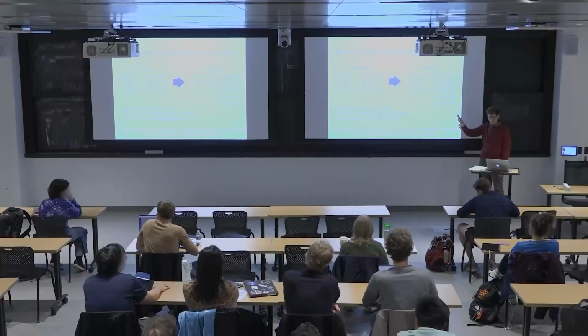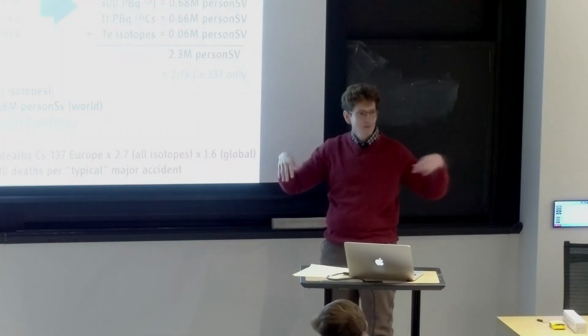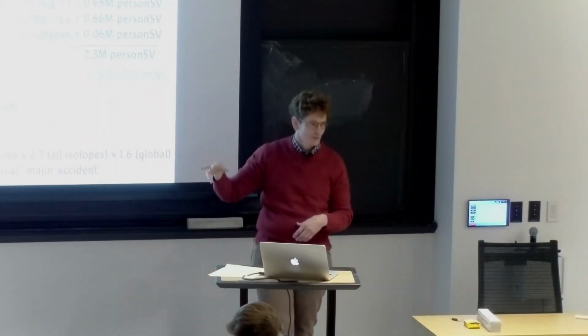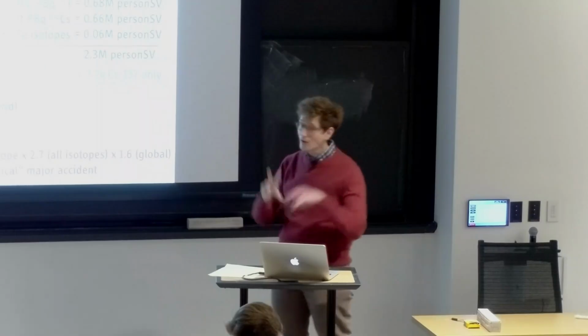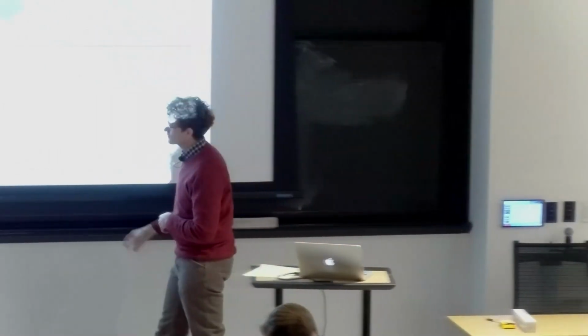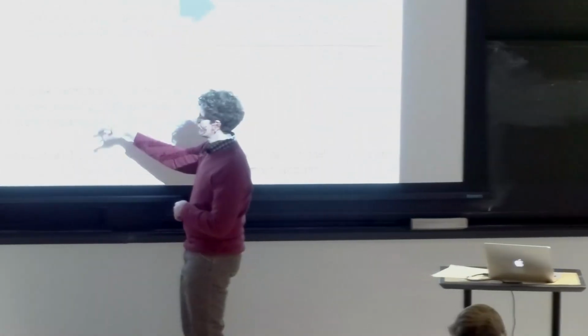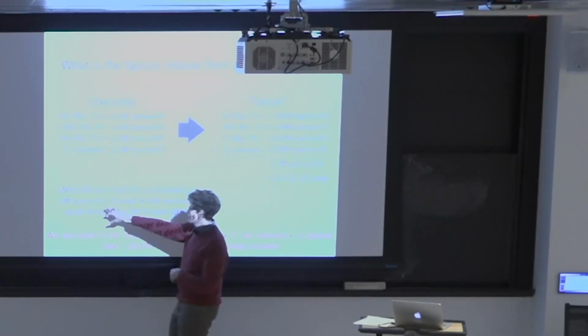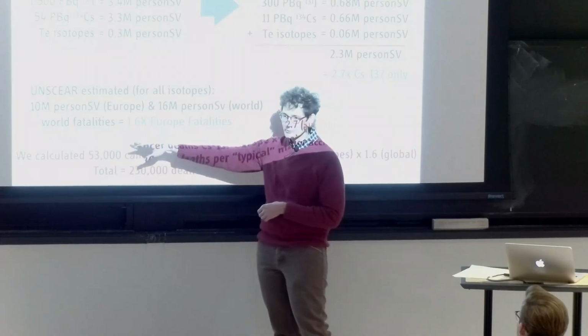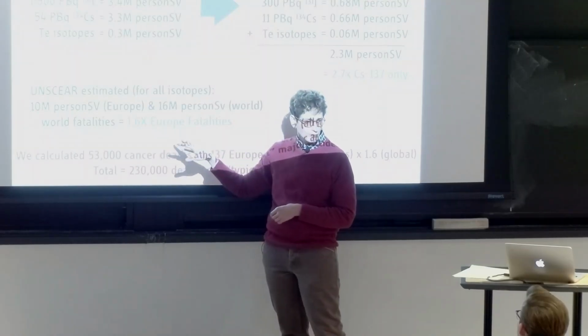Yes? Everyone understand what's going on here? So we're basically going from one isotope, and then I've done the same stuff for the other isotopes for you, and we can just go to the all-isotope dose. And then UNSCEAR estimates that for Chernobyl, they estimated 10 million person sieverts dose to all Europeans, 16 million person sieverts to all the world. So their multiplier to go from Europe to the rest of the world was a factor of 1.6.